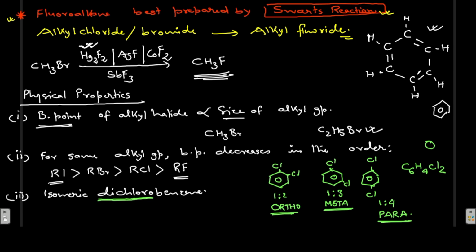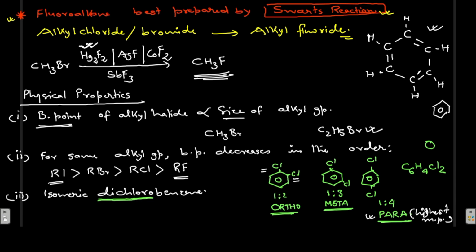So in isomeric dichlorobenzene, para has the highest melting point. Now tell me, what could be the reason for the highest melting point of the para isomer? Sudipti, think about it and tell me, because you have to develop reasoning capability.